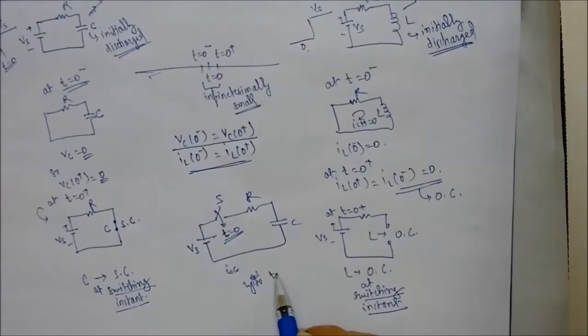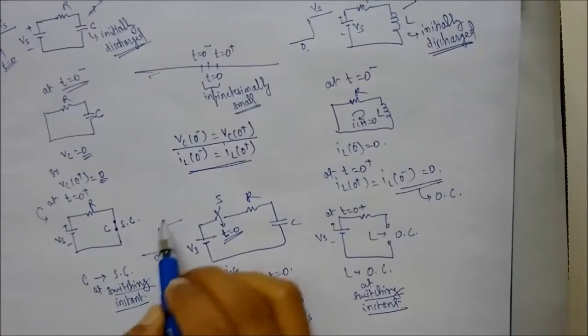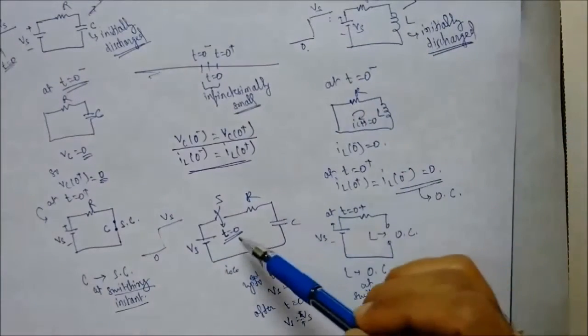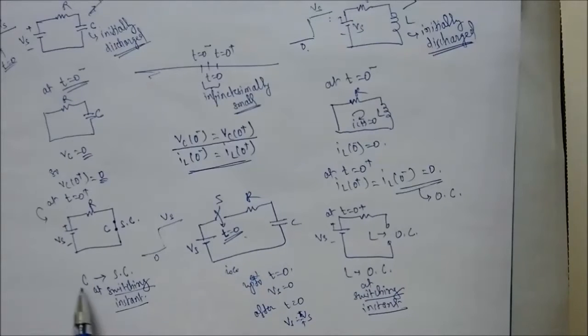Up to t equal to 0, Vs is equal to 0 because Vs won't be applied, and after t equal to 0, Vs is equal to the positive Vs value, according to the step input. So instead of applying a step input, we can also represent it in the form of a switch. That's why I am saying that the capacitor will act as a short circuit at the switching instant when the voltage source is applied from 0 to Vs value, and the inductor acts as an open circuit at the switching instant.